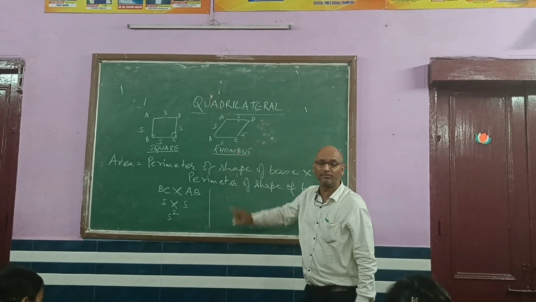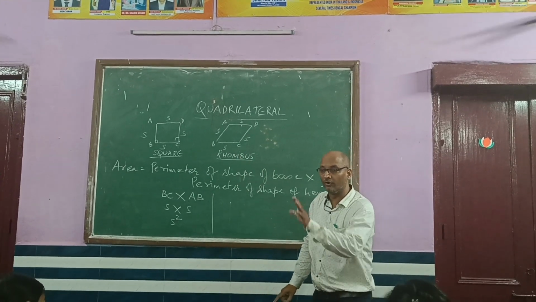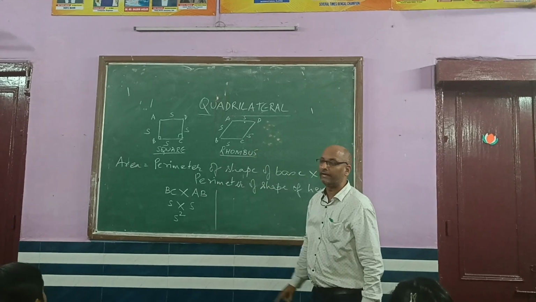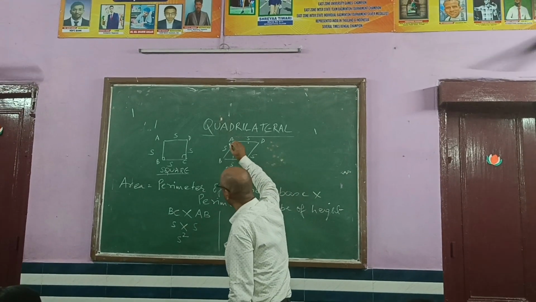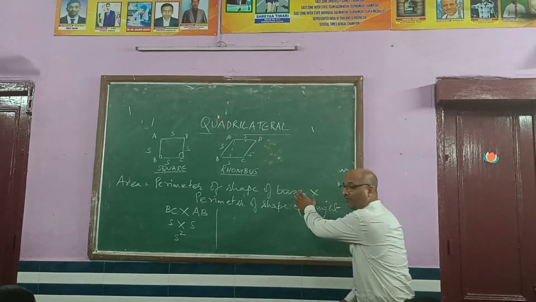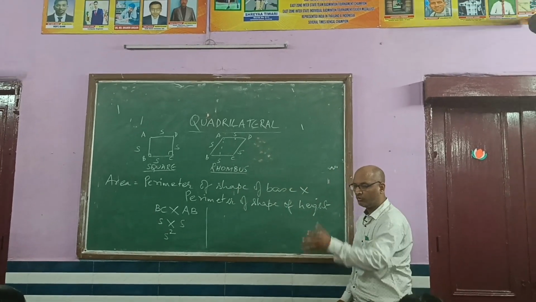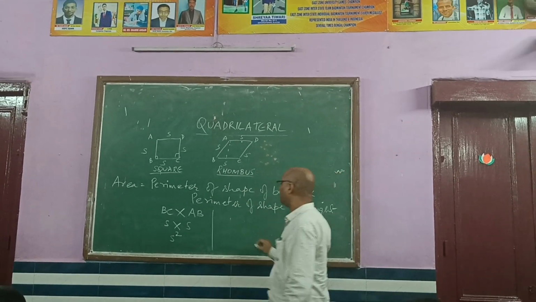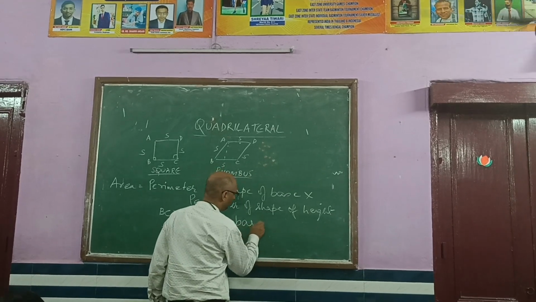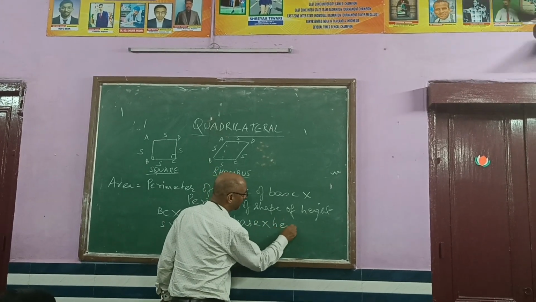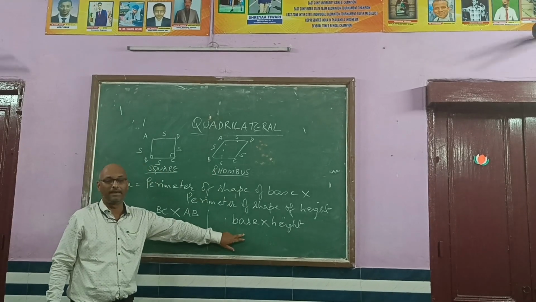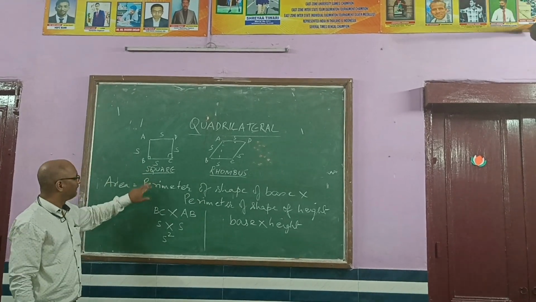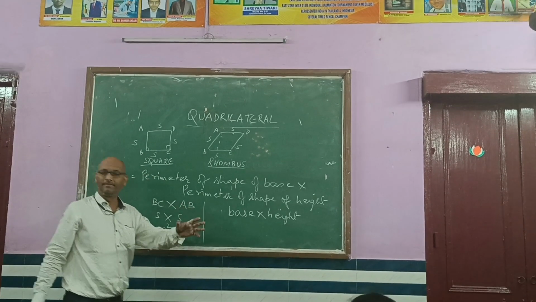Where is 90 degree in this one? There is no 90 degree. If there is no 90 degree, you have to make your 90 degree on your own. So what's the use of writing BC in this case? You don't have to write it. So you will write base into height. If somebody asks you what is the area of rhombus, you will say base into height. And what is the area of a square? Side square. Is that clear?